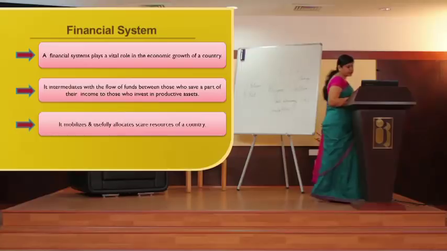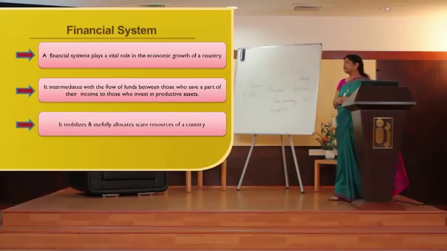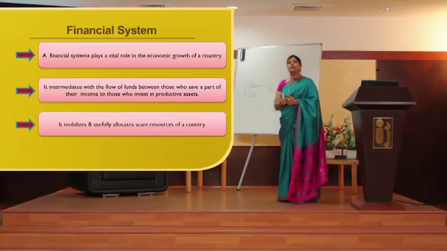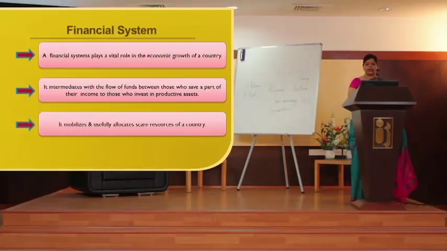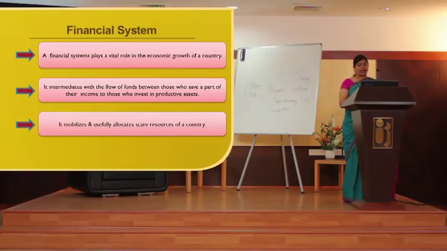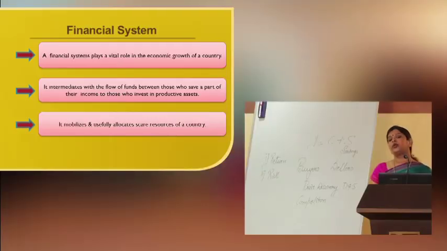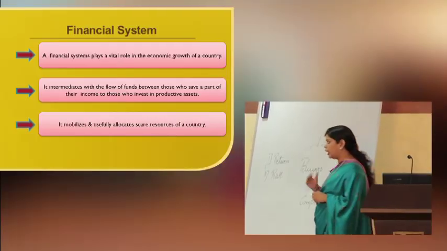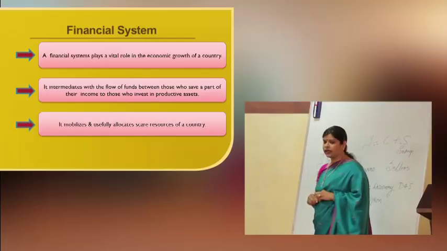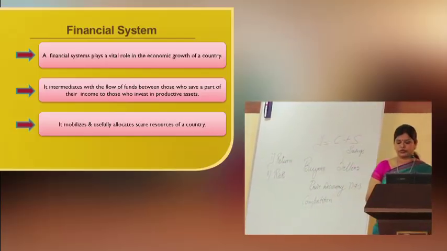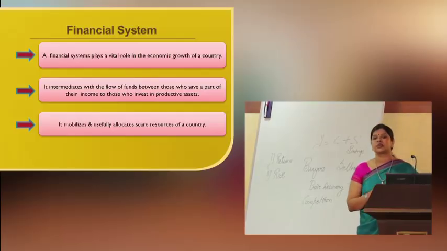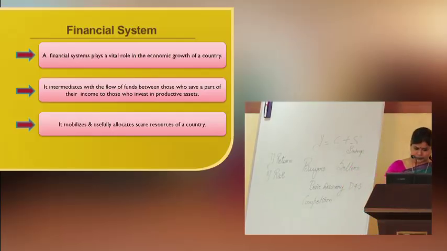So, the flow of funds takes place from the savers of the funds, the household people who have savings, and it is passed on to those people who are going to invest the same money into productive assets. So, what the financial system does is it mobilizes and usefully allocates the scarce resources of a country.